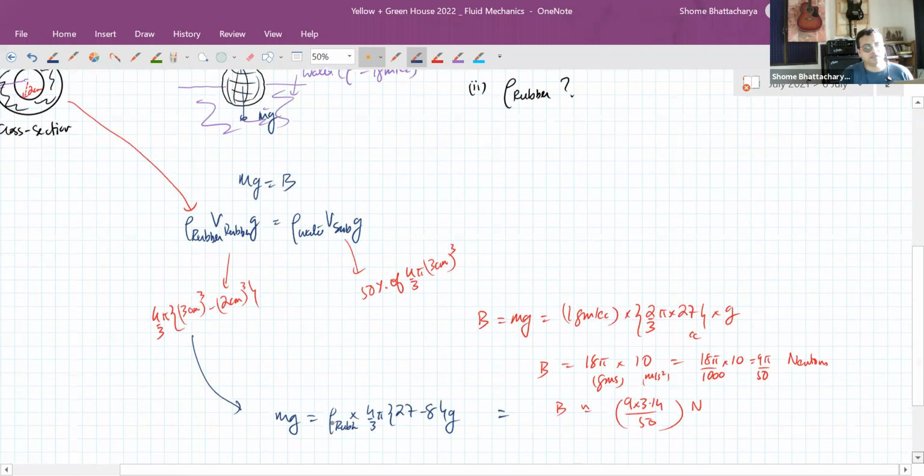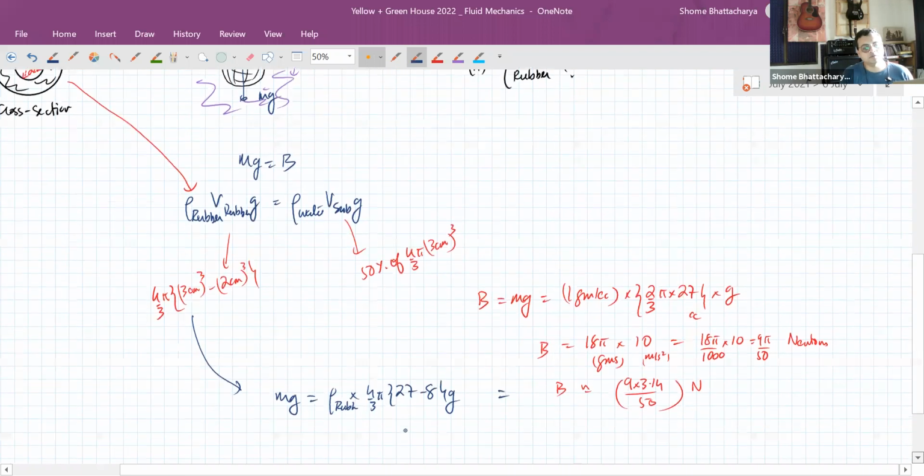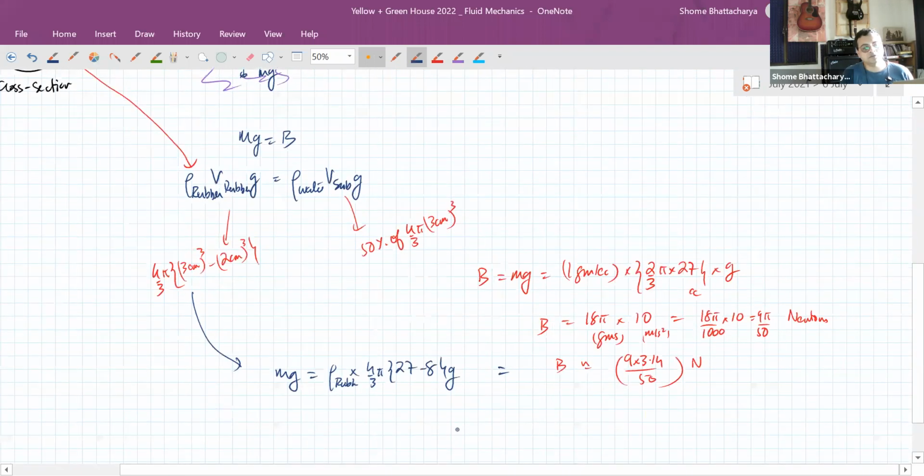So from this you will get that density of rubber is equal to density of water into 2 of outer radius cube, that is 3 centimeter cube, by 2 of 3 centimeter cube minus 2 centimeter cube.